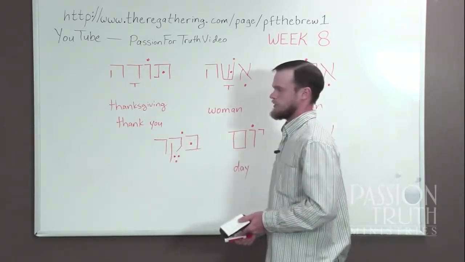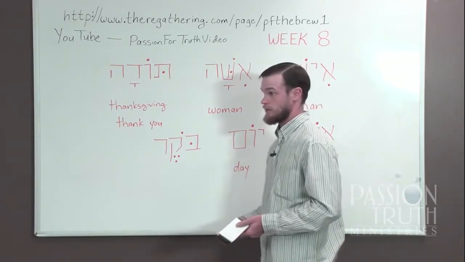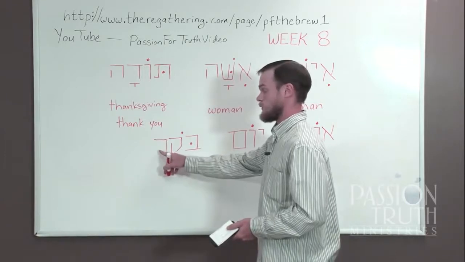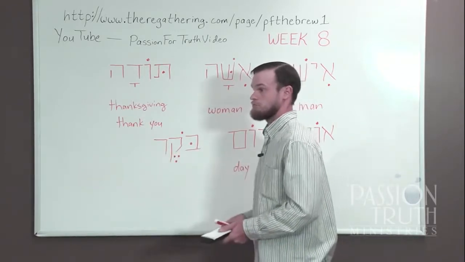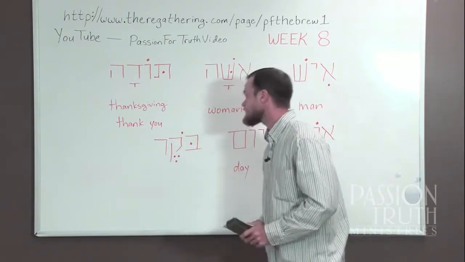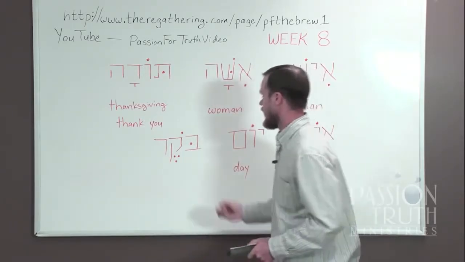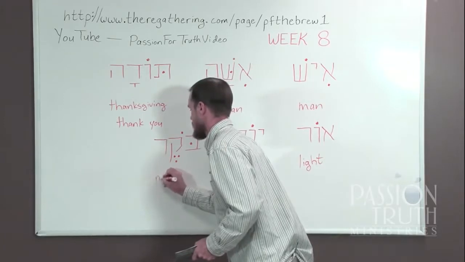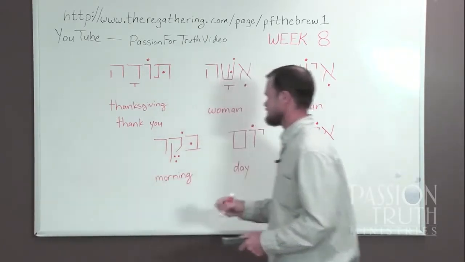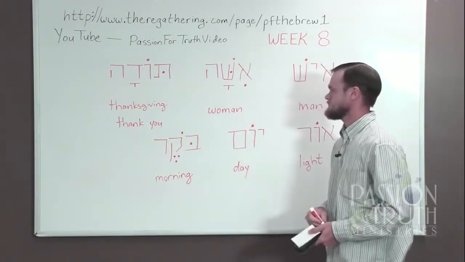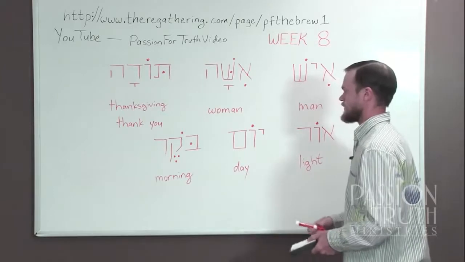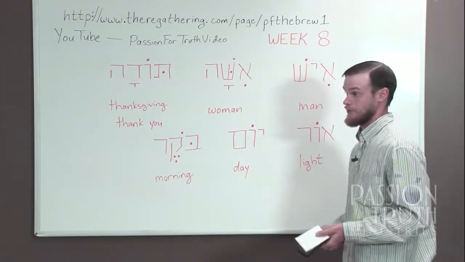Kuf can be transliterated as K or Q, but makes the K sound regardless. Of the segol and R of the resh, so boker. The emphasis is on the first syllable, so it is boker. And boker is morning. Yom Tov meant good day. Boker Tov means good morning.